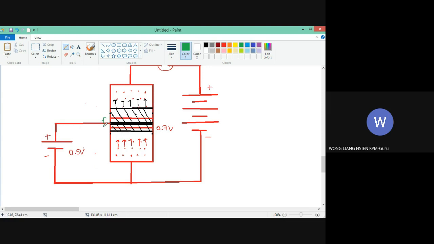You see this positive is connected to the P type, negative connected to the N type. So this power source is forward bias to these two layers of the semiconductor.